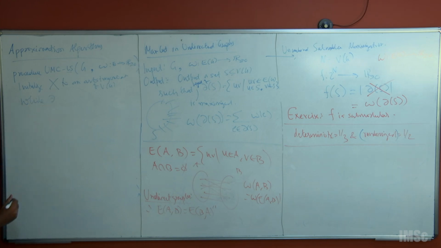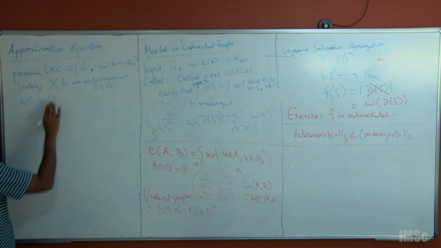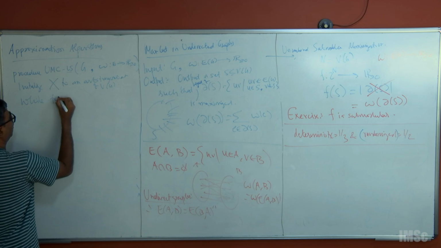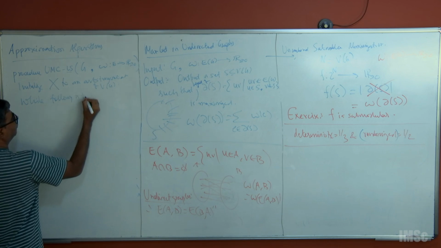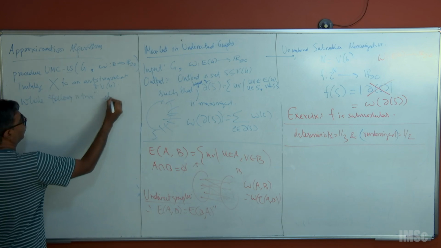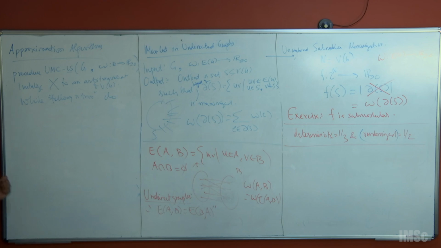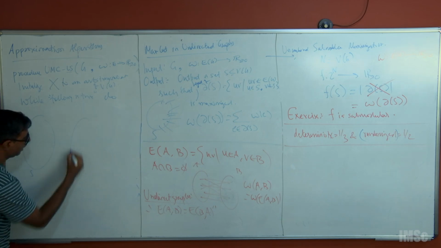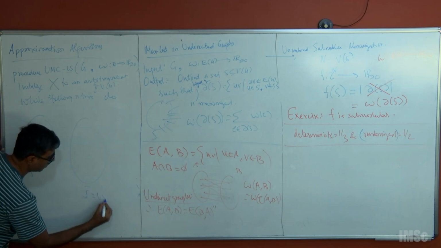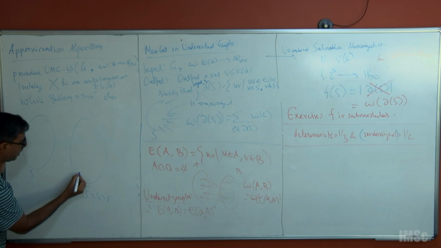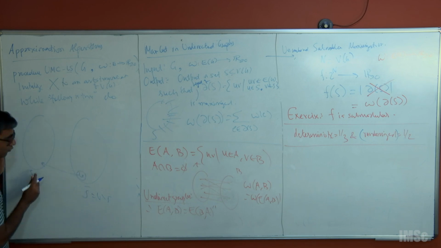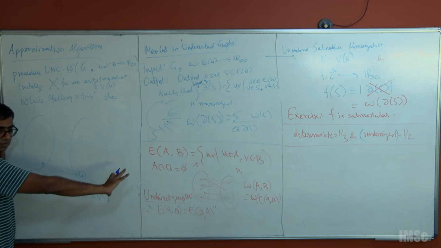Now, while the following is true, what do we do? I need to define some local move. Suppose you have a set S here, and here is S bar, which is V minus S. Maybe I have a vertex here, I move it to S union V and increase the cut.